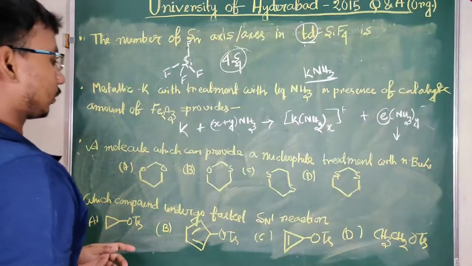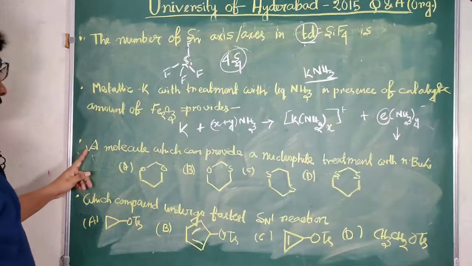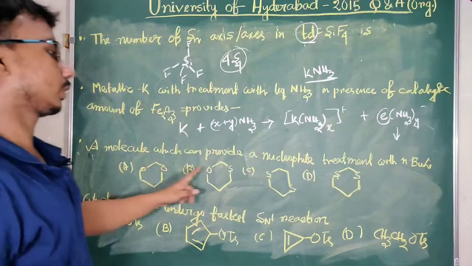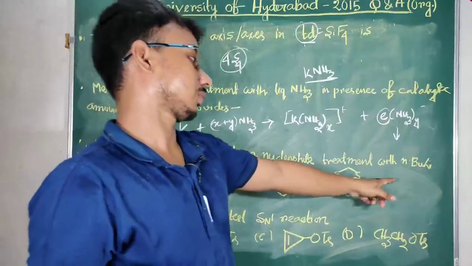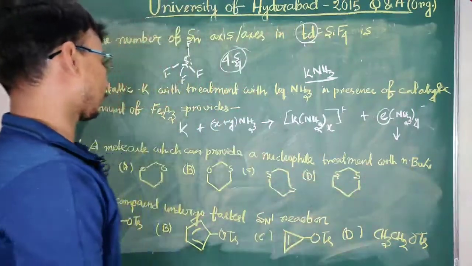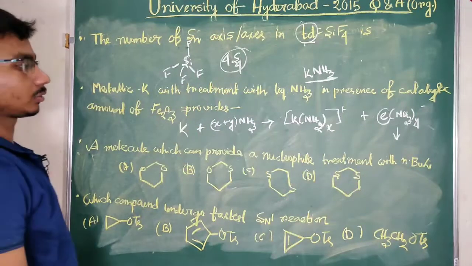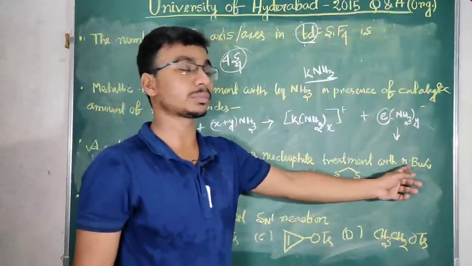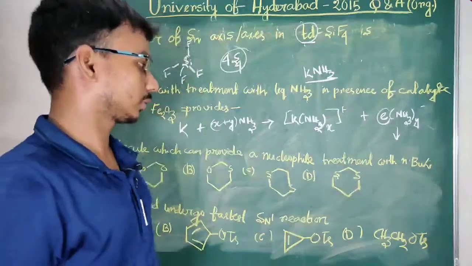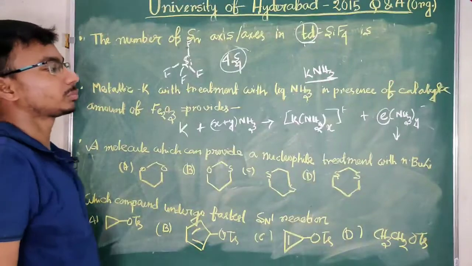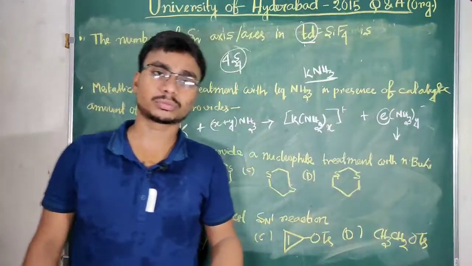Let's go to our next question. A molecule which can provide a nucleophile on treatment with n-BuLi. So firstly, what is n-BuLi? n-BuLi is a base, a great base. So what do bases do?